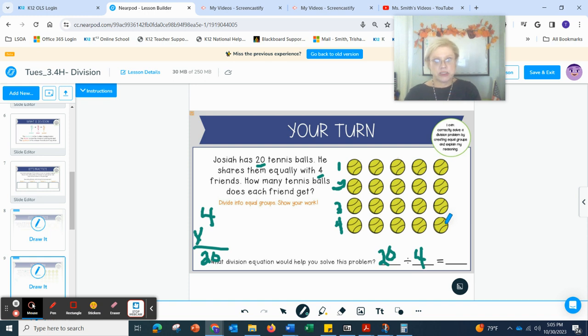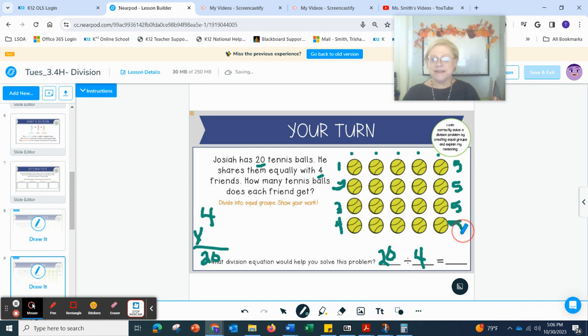Now we need to just make sure how many tennis balls there are. So 1, 2, 3, 4, 5. So how many tennis balls are in row 1? Correct. There are 5. How many tennis balls are in row 2? Yes, there are 5. What about row 3? What about row 4?